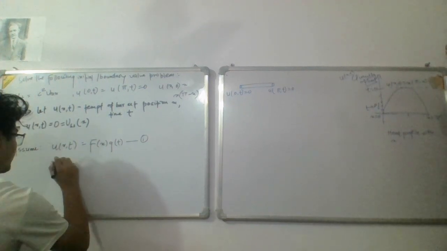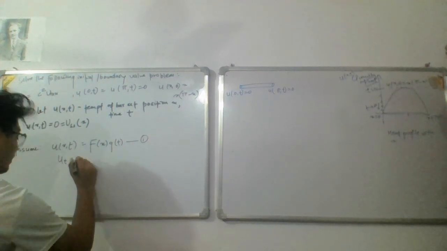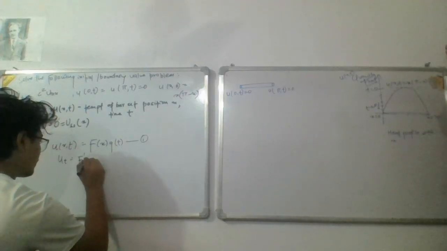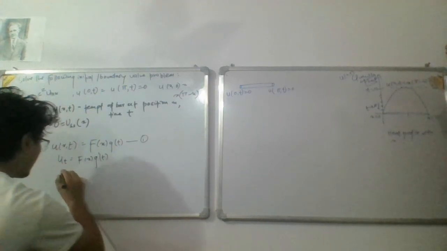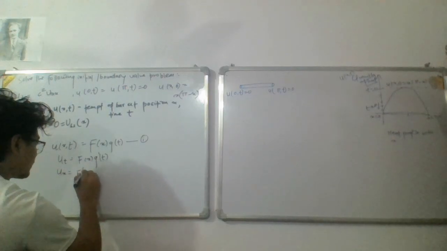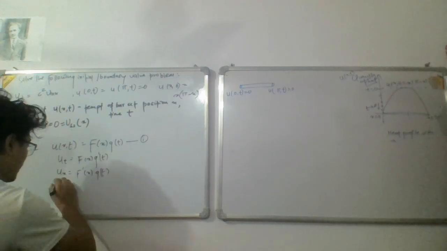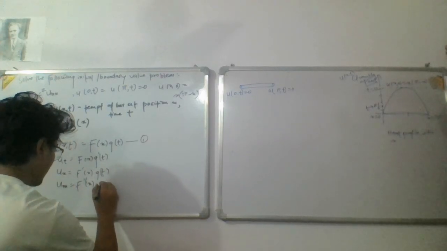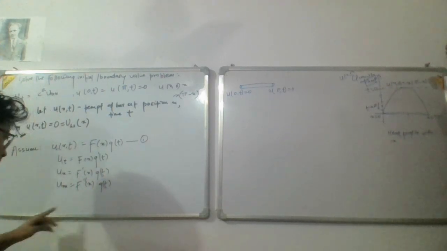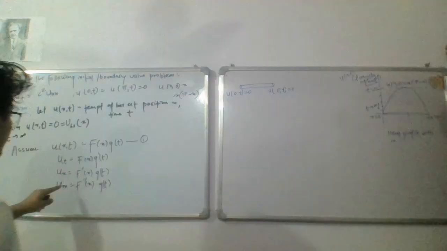For that we get u_t equals f(x) g'(t), and u_x equals f'(x) g(t), and again u_xx, the second order partial derivative with respect to x, is f''(x) g(t). Now this is what we get.